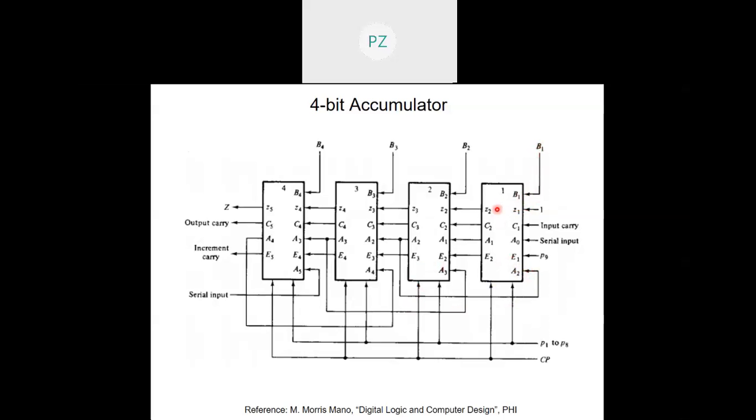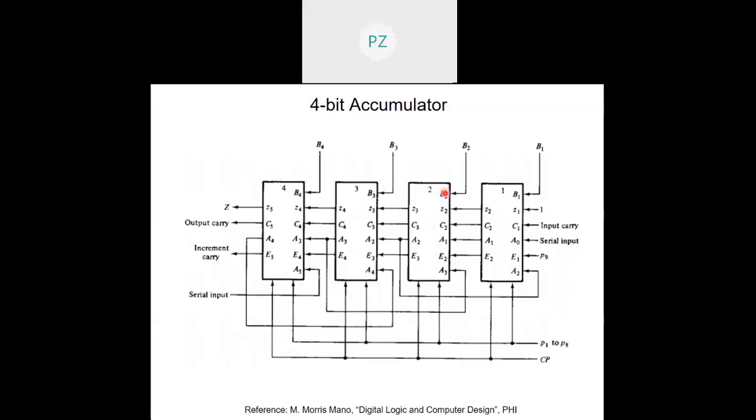And what it should give me is Z2, the zero checking for the next stage, carry for the next stage, where the carry out of this stage will be the carry in for the next stage, and then A1, going to this place in order to do shifting left, right? And E2 for incrementation purpose should pass on here.